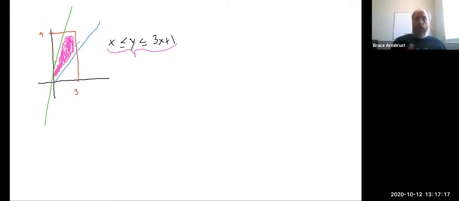So now what we need to do is figure out what that area is and compare it to the area of the entire thing, right? So our probability is going to equal the pink area over the total area.